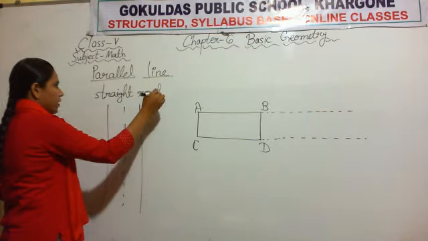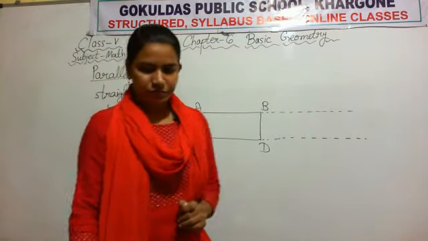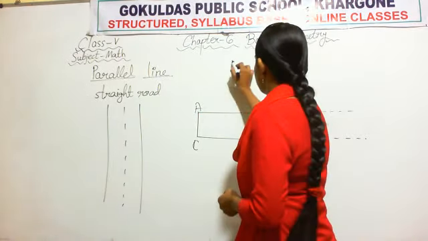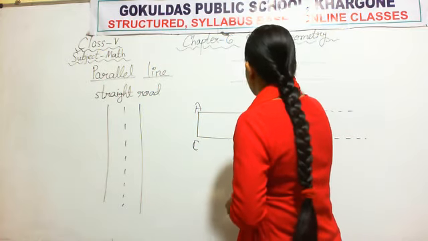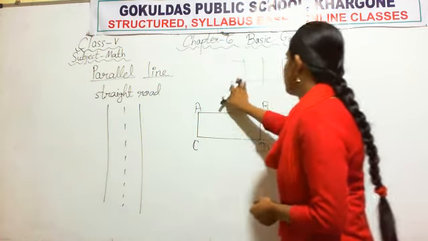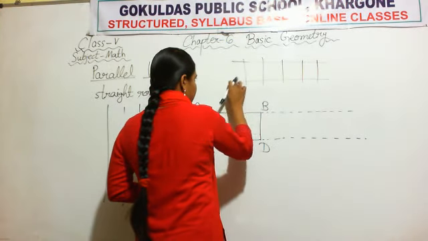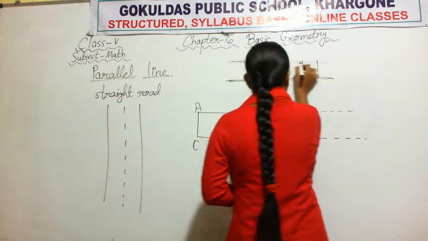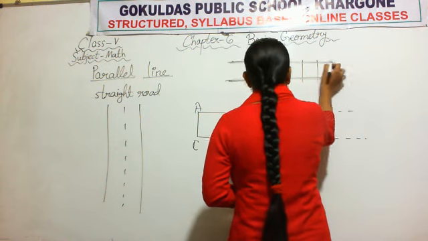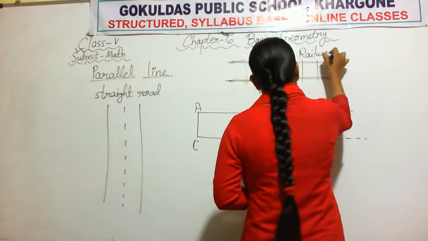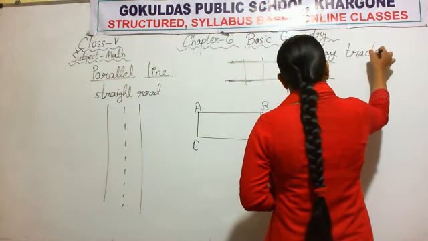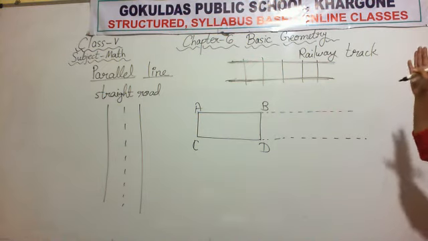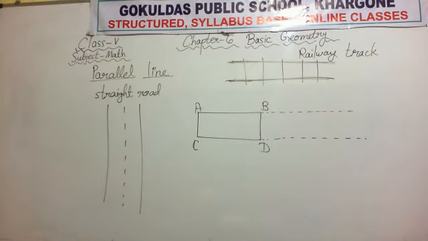So, sides of a straight road. Another example is a railway track. A railway track is something like this. These lines never cross each other, right? They go on parallel, the railway track goes parallel. So sides of a straight road and railway tracks are some examples of parallel lines.